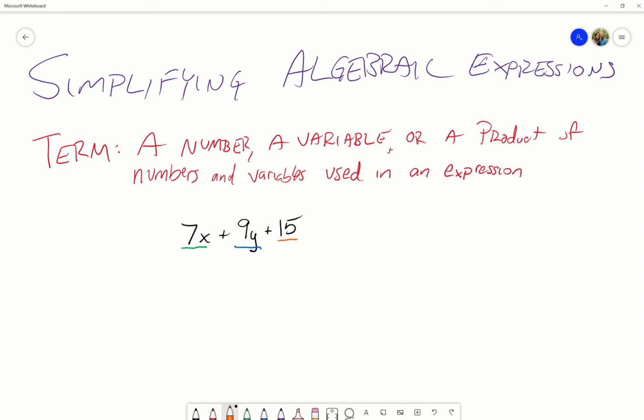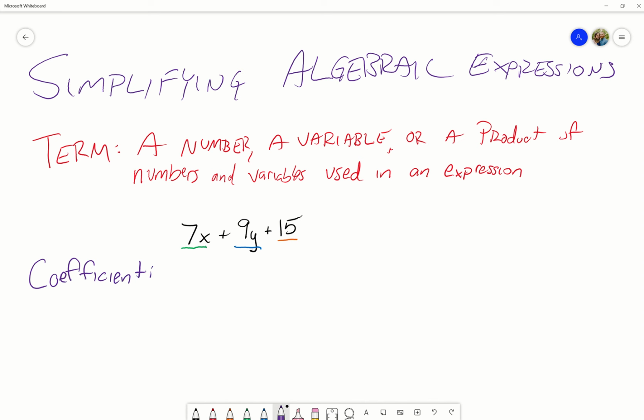All right, so another word that we have is called coefficient. Coefficient.